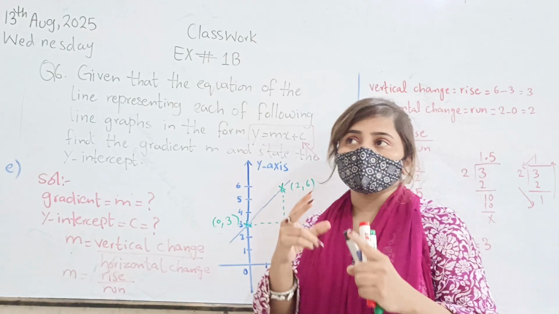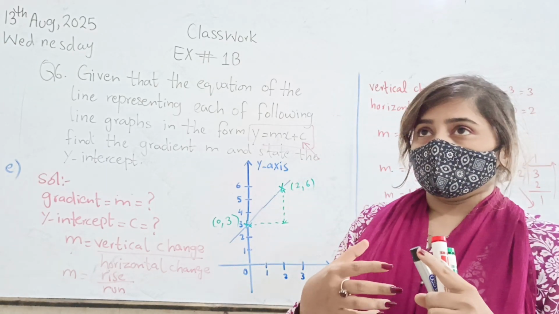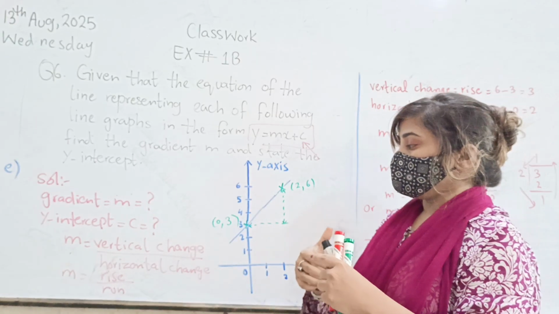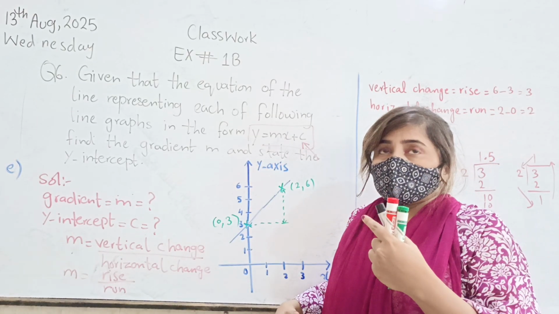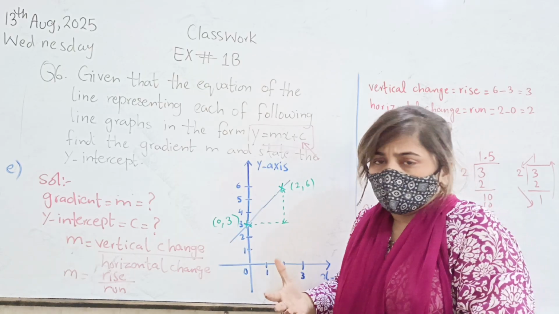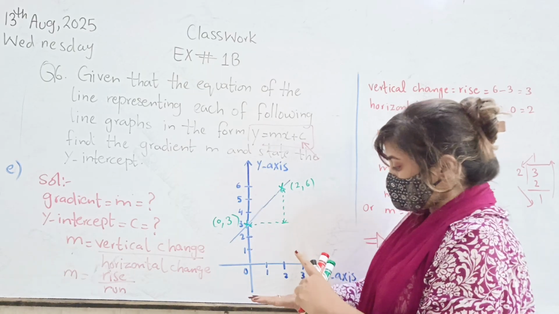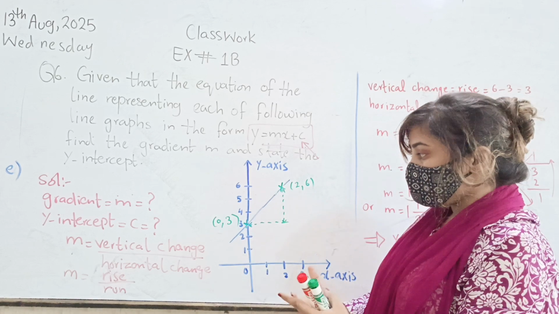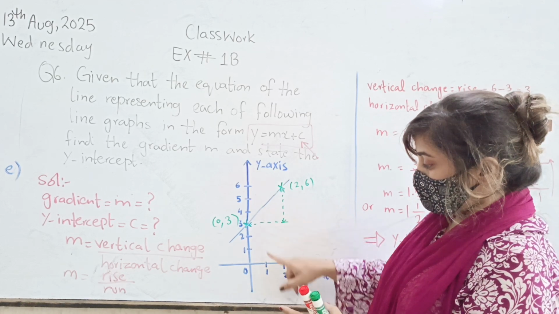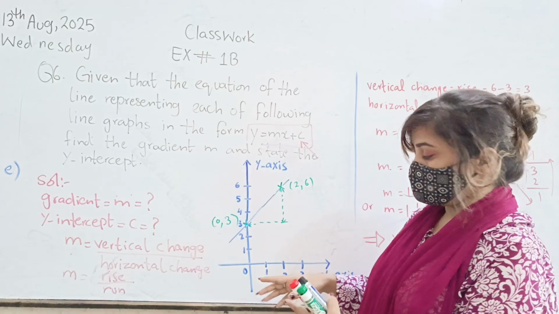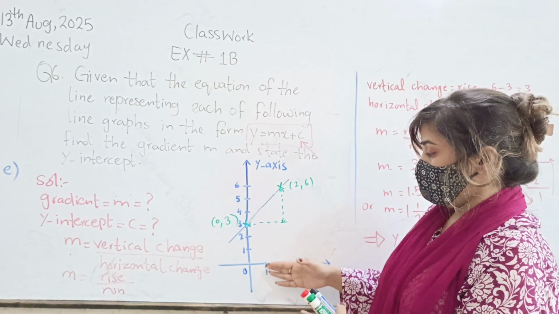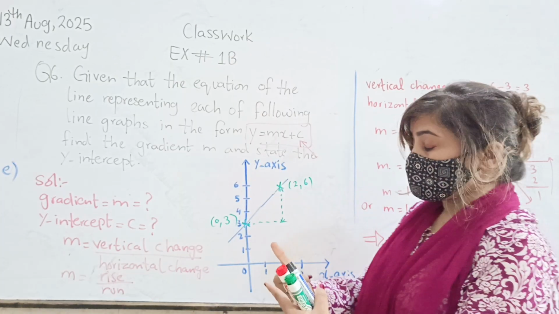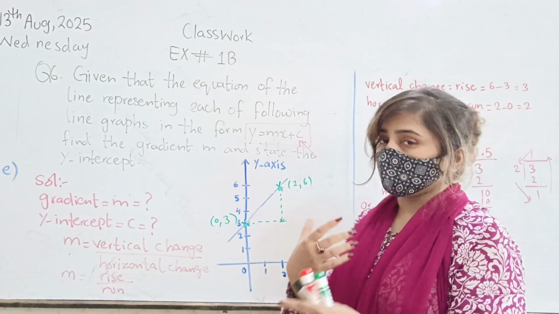So we have to choose any two reliable points on this line, which will be easy for you. So I take this point and this point. Why do I take this point? If I take a point on the x-axis, then the y-axis value will be difficult for us.